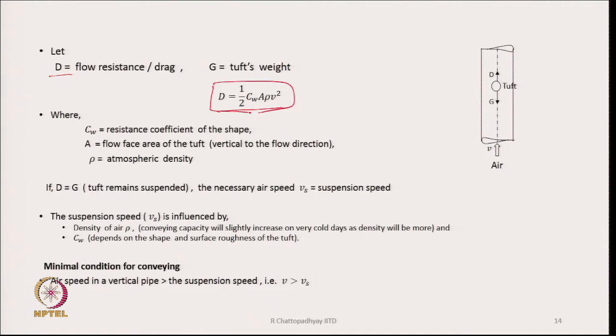This is the typical formula of drag force which acts on a particle within a flowing fluid. Now, Cw is the resistance coefficient of the shape. Cw may change depending upon the shape of the material. Sometimes the shape matters, because the same material or particle may have different shapes. Cw depends upon the shape.